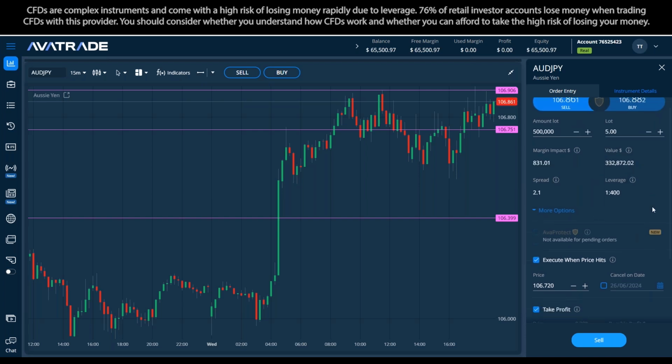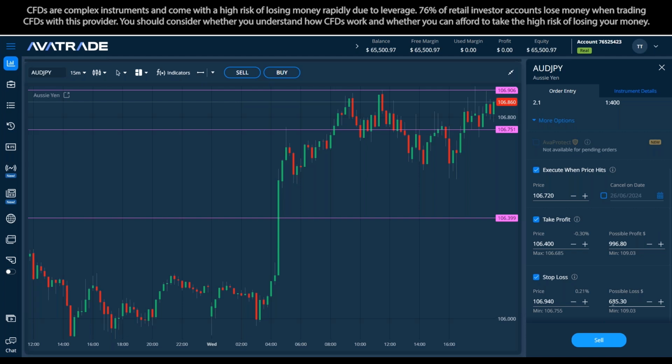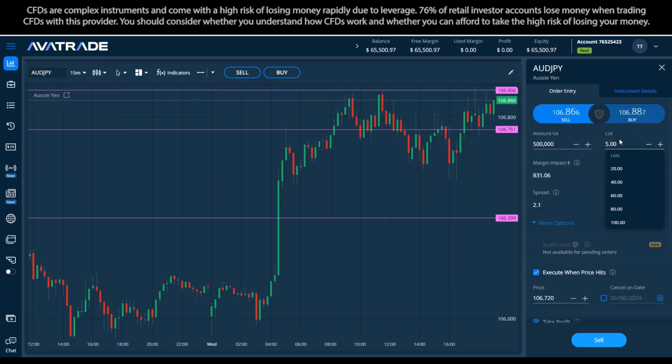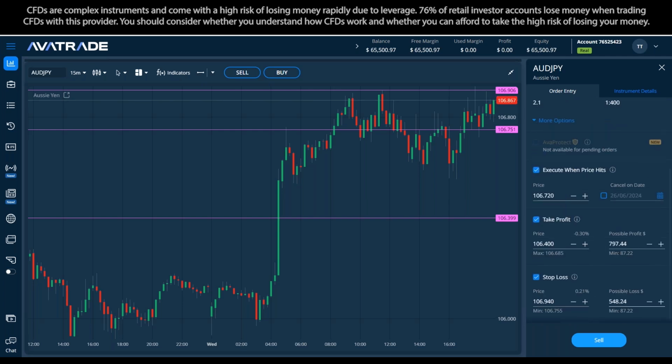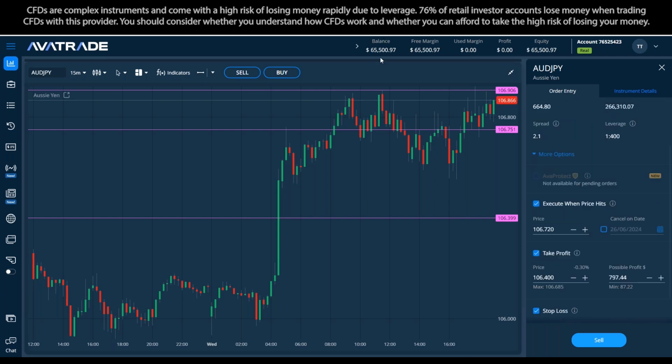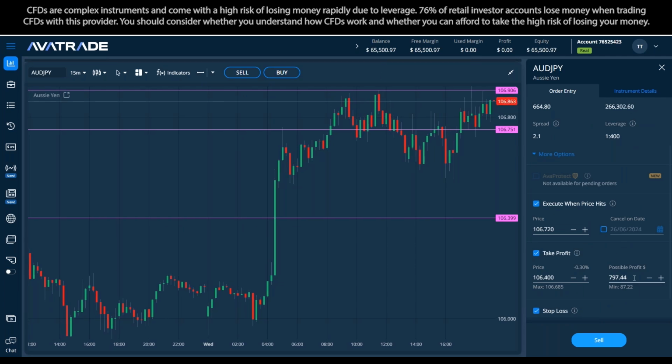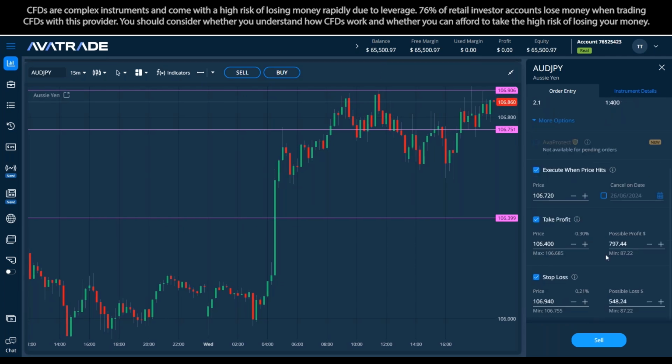So if I do 5 lots on this, I'm risking 685 to make almost 1,000. If I do 4 lots, I'm risking 548, which is then less than 1% of my balance, to try and make almost 800, which is more than 1% of my balance.